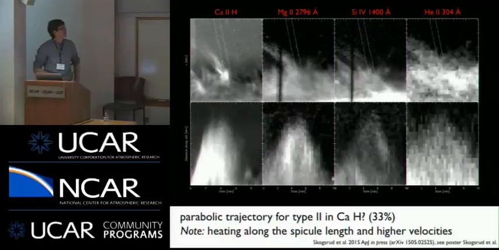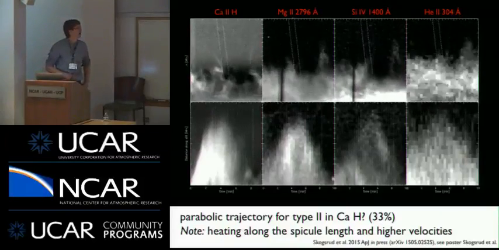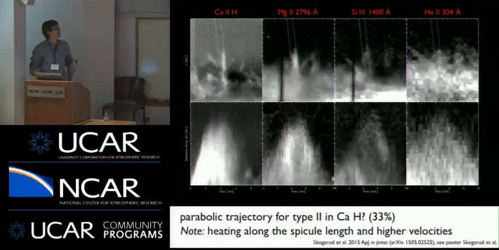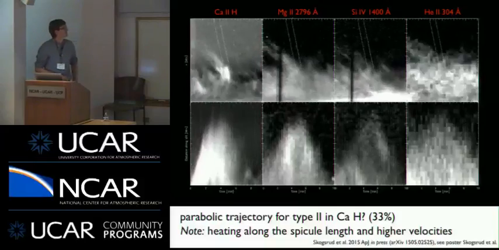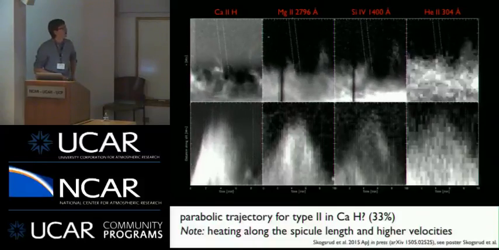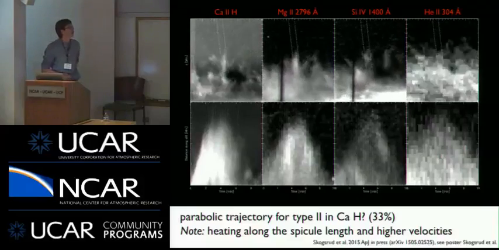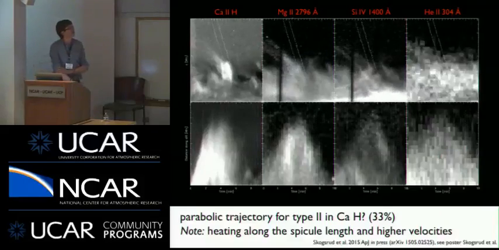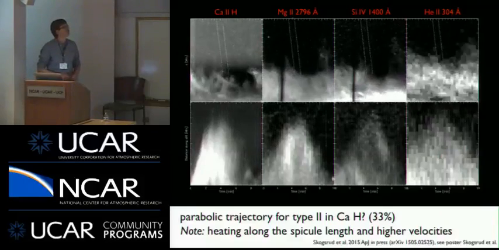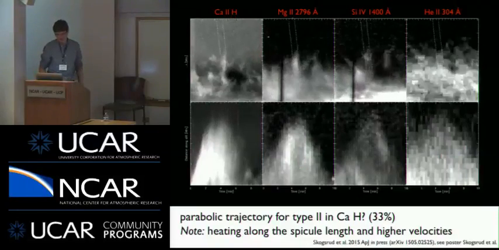So type 1 spicules also show a parabolic path, but they do not show the type of fading that we see for the type 2 spicules.